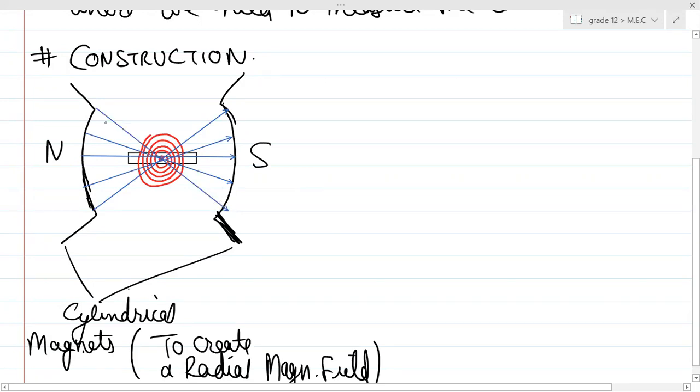Now everybody is able to understand what exactly radial magnetic field means. Can you see this over here? Radial magnetic field means basically a magnetic field which is directed along the radial line. Can you see this is cylindrical? So basically there will be a cylindrical gap over here. Now suppose this is your cylindrical magnet.